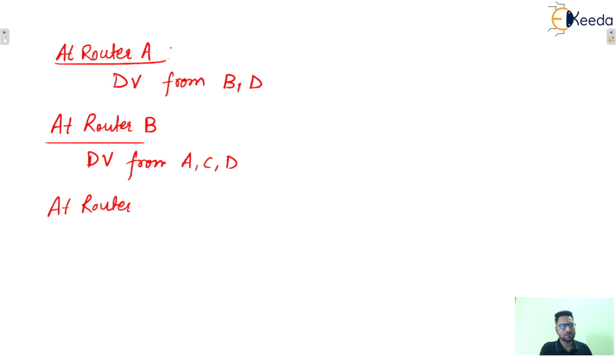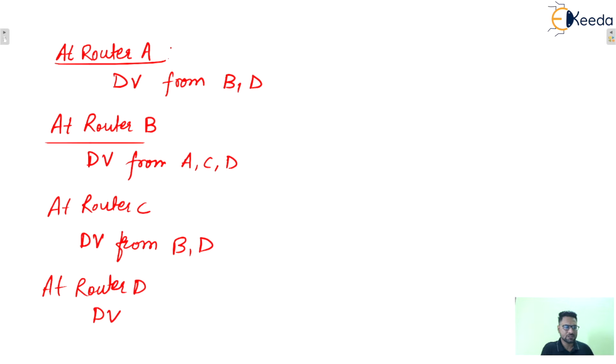At router C, distance vectors from B and D will be received. And at router D, distance vectors from A, B, C will be received. And accordingly, the updations will be made, isn't it?